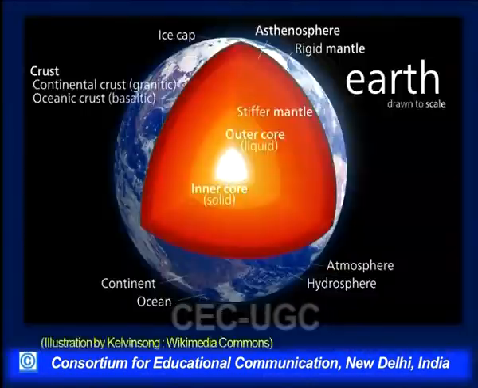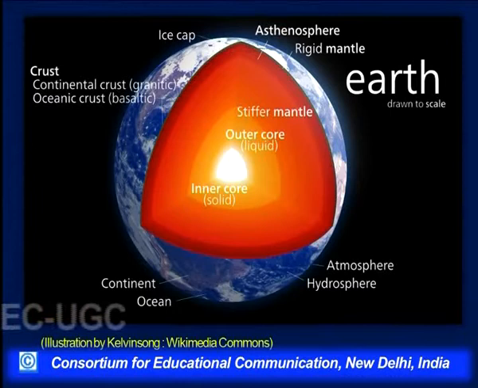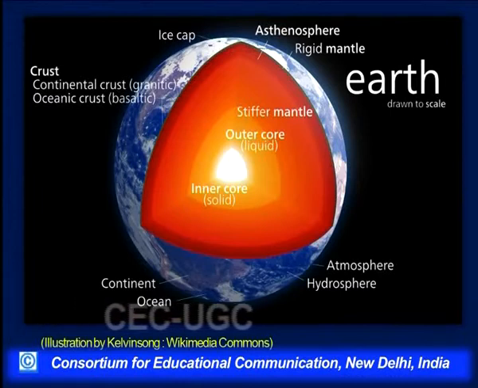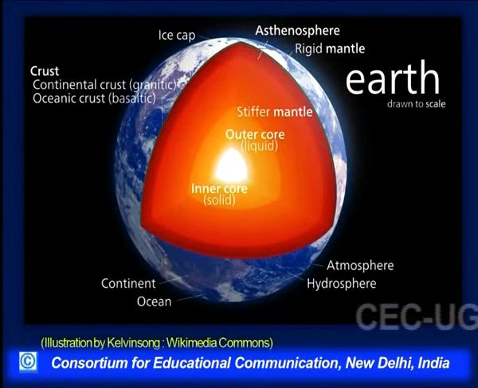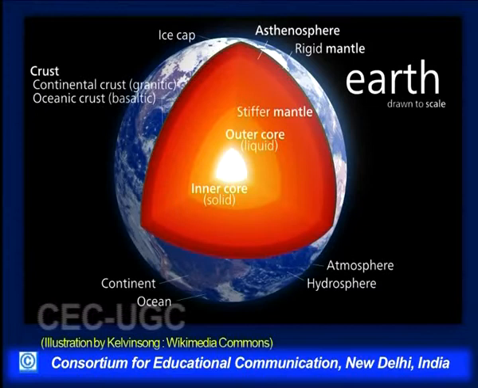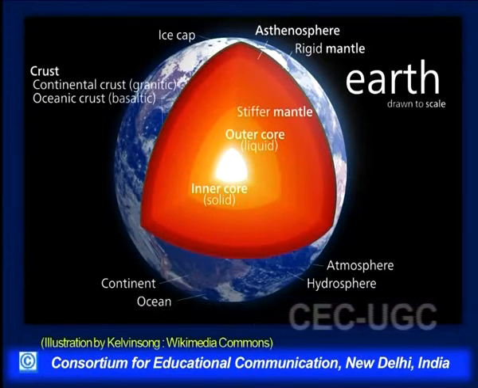So here, in this diagram, we can clearly see a cross section which shows the interior structure of the earth. From the outermost layer, there is the atmosphere and the hydrosphere, in which there are continents and oceans.